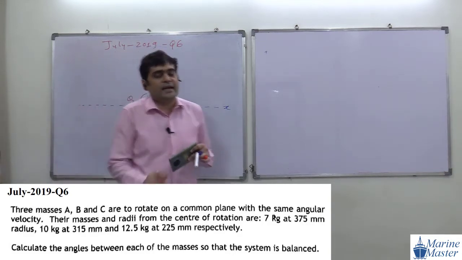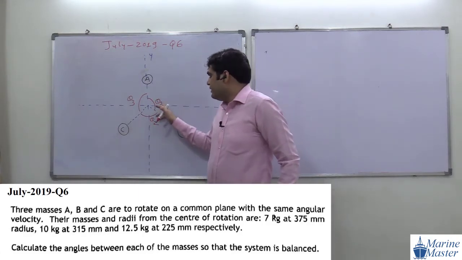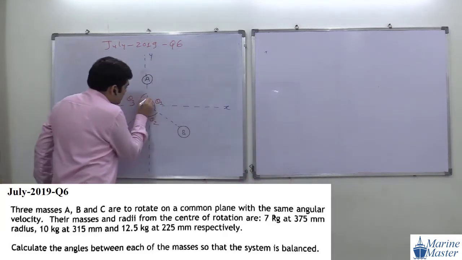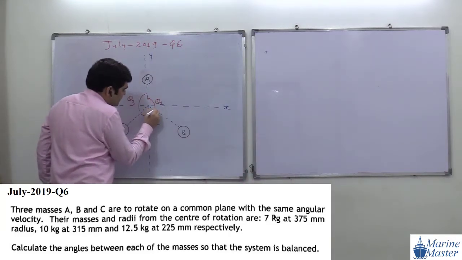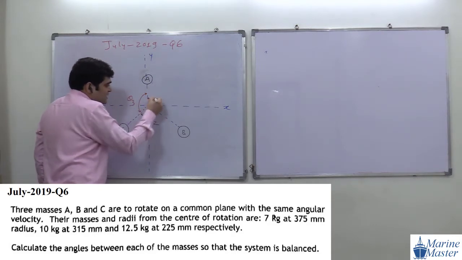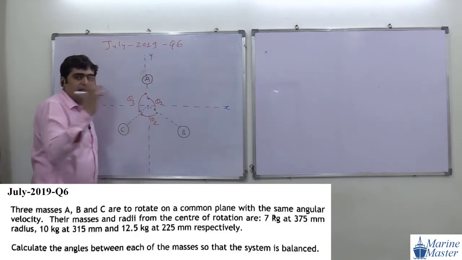That is our target in this question. So for our reference I am marking here: theta 1, theta 2 and theta 3, these three are our target.